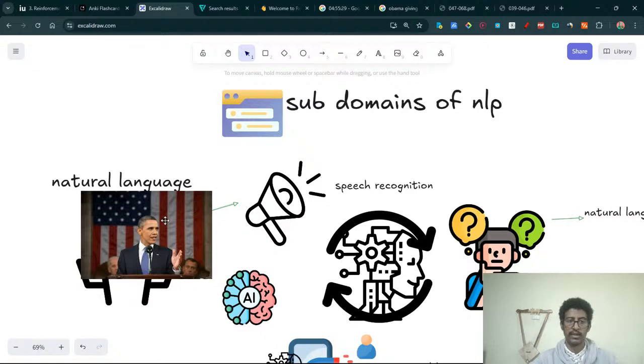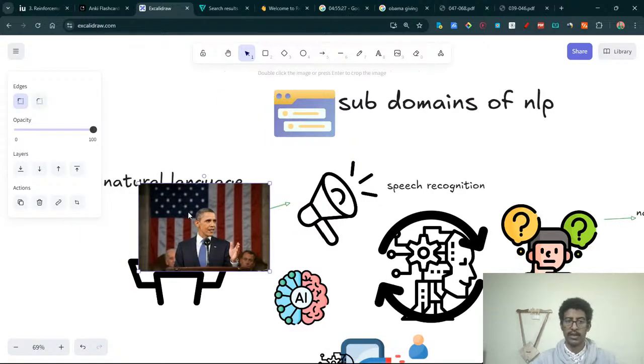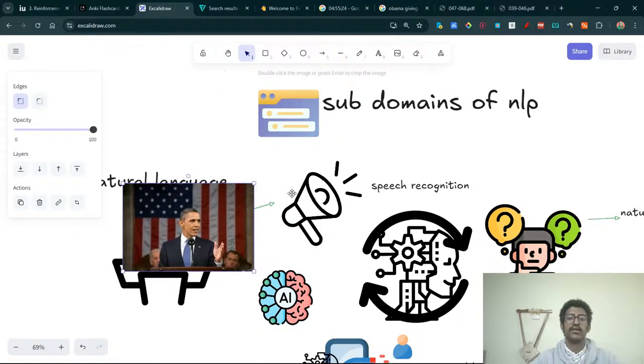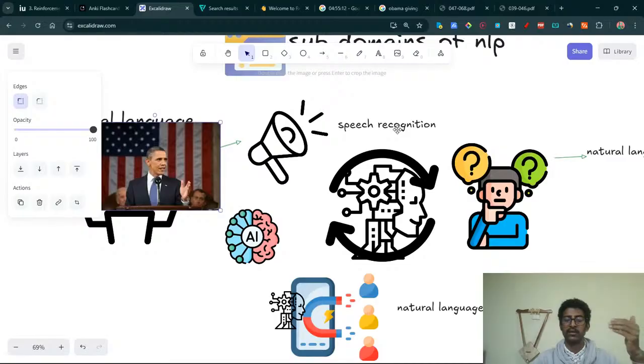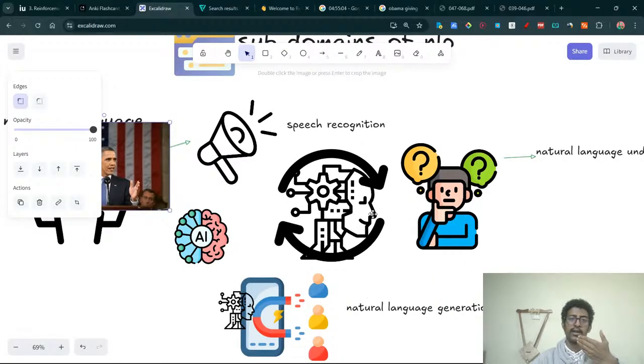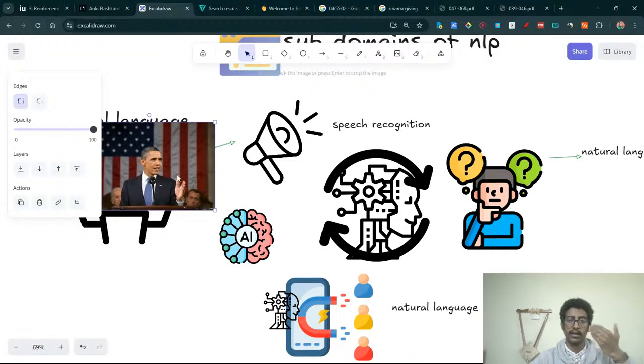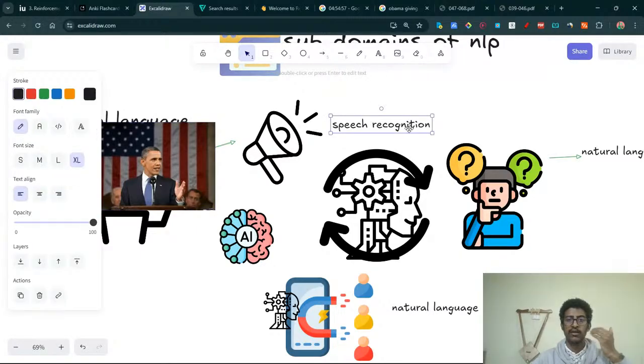So let's say this person speaks, and then your machine will recognize your speech into text, so it will transfer it into text. Once it understands the English words and the context, it does speech to text.